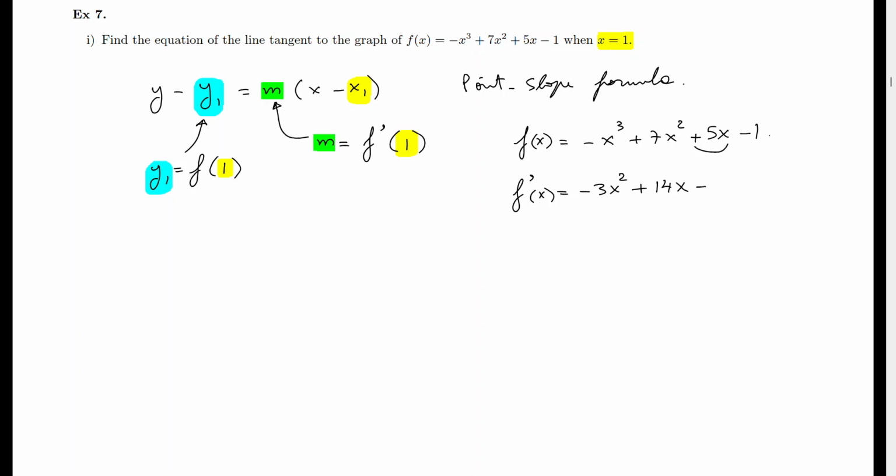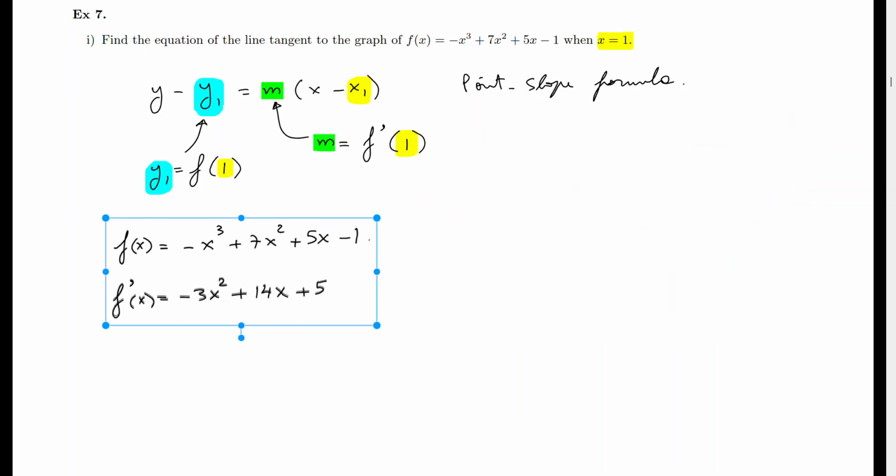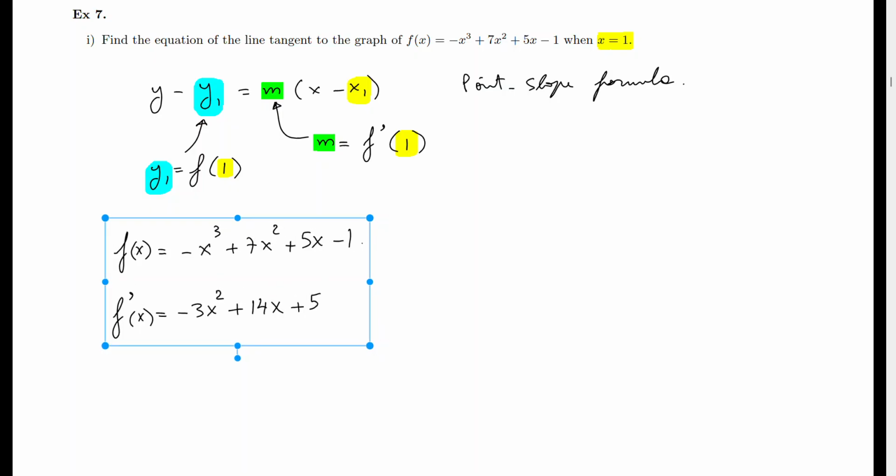And 5 times 1 is really 5, so let's just write down 5 instead. Finally, derivative of negative 1 is 0, but who cares? We're not going to write it. So this is my function, and this is my derivative. These are useful, so make sure you record them somewhere where you can have them handy.